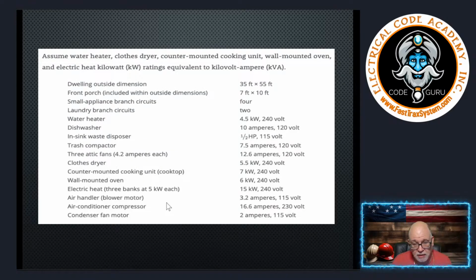When the heat is running, the air handler works. So that's not going to be a non-coincident load. Whereas typically when the electric heat, central heating is going, the thermostatic control will isolate out the air conditioning. So it won't run, and vice versa. So those would be kind of the non-coincident load. That type of scenario.